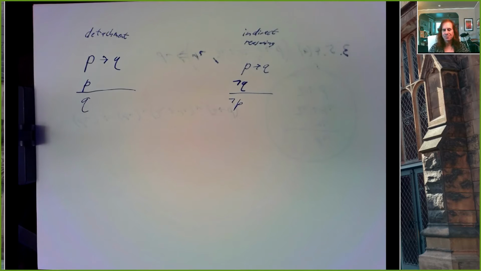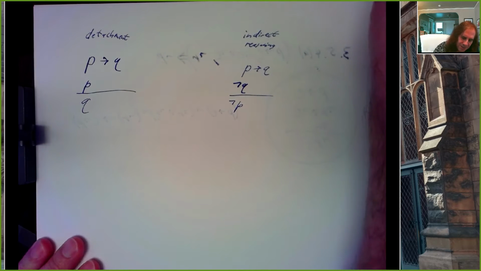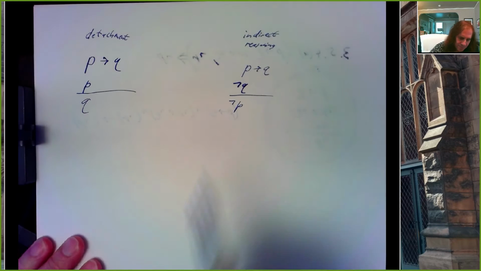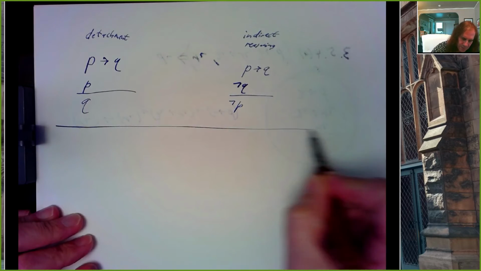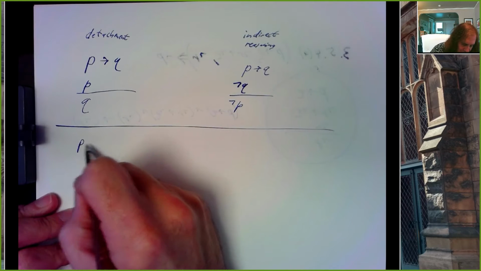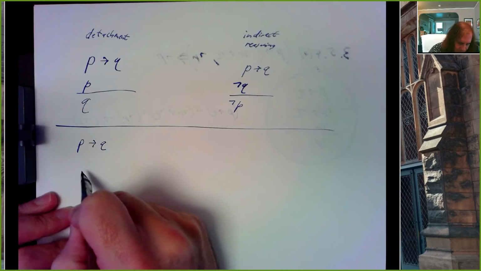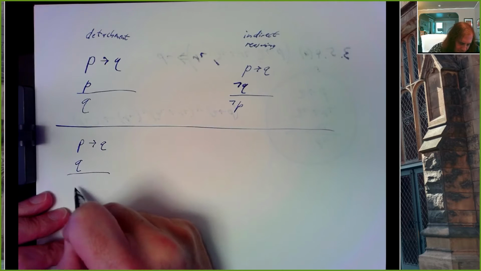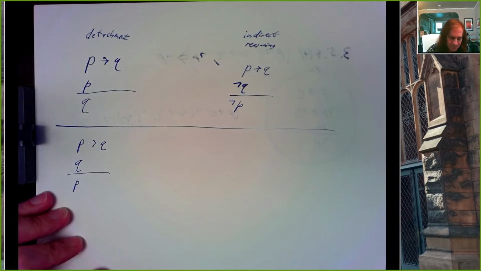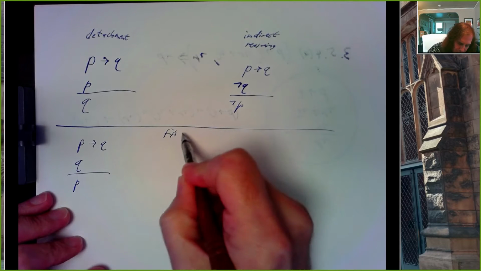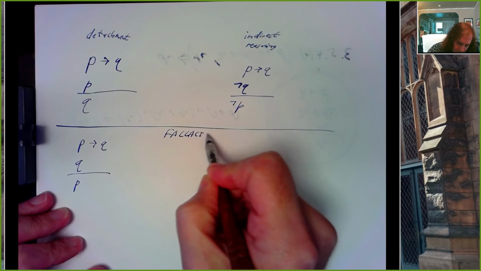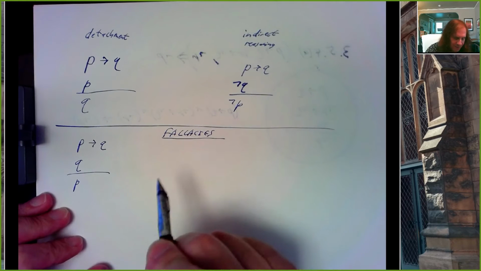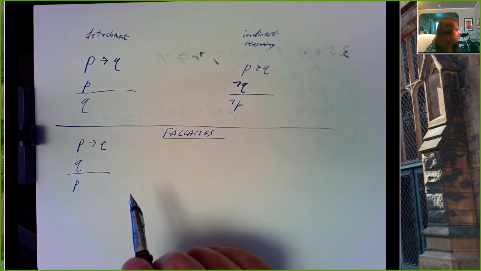They're not actually theorems. They're statements that are incorrect. So the first one is, if P then Q, Q therefore P. So these are going to be called fallacies. I think there's only one L in fallacy.